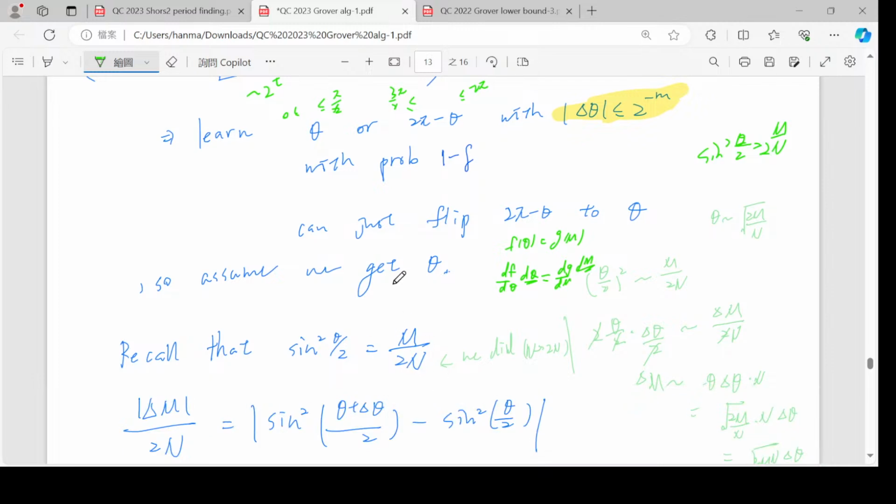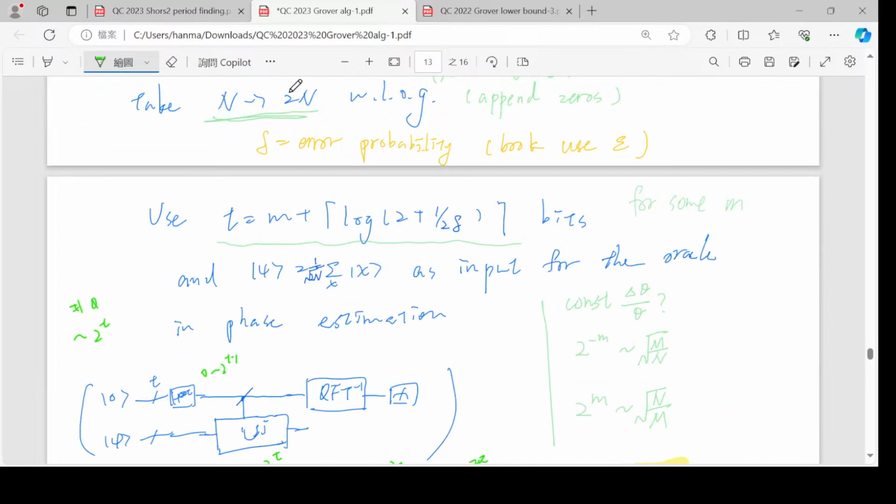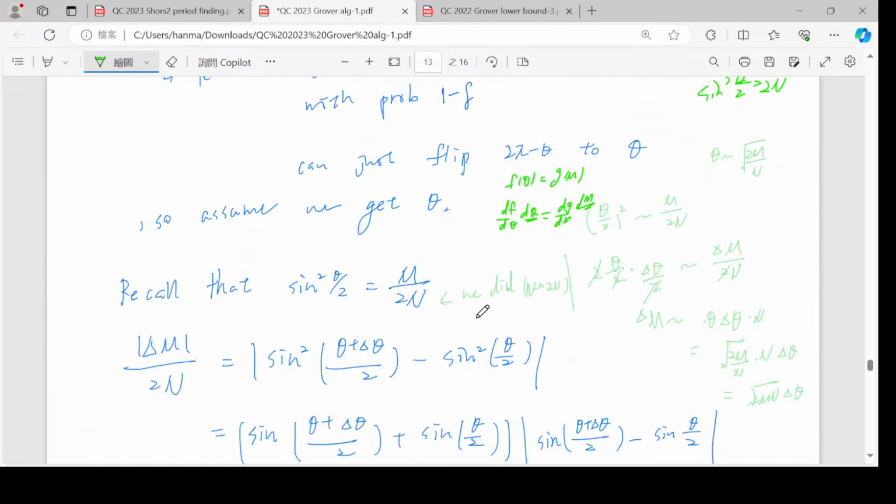This is just because we doubled the n before. It's a little confusing, but that's the relation. Now we think about what delta m divided by 2n is.